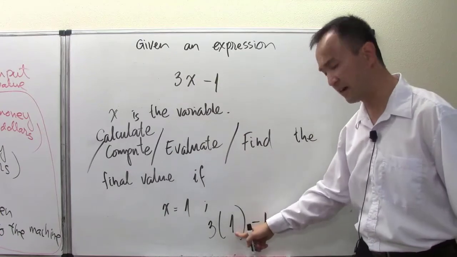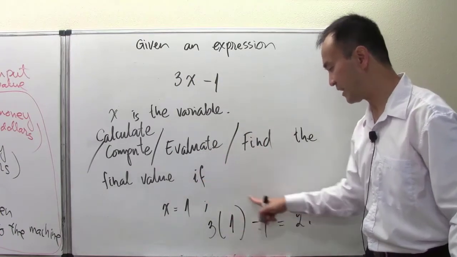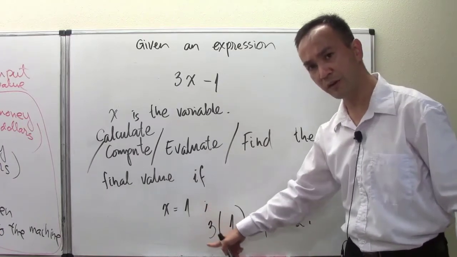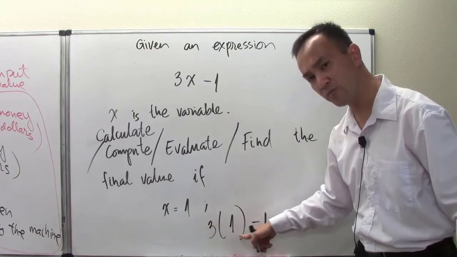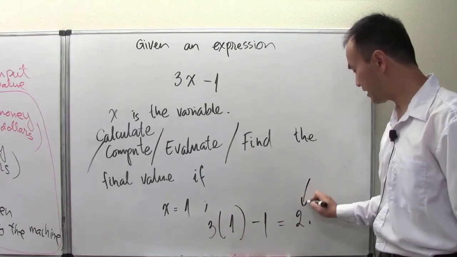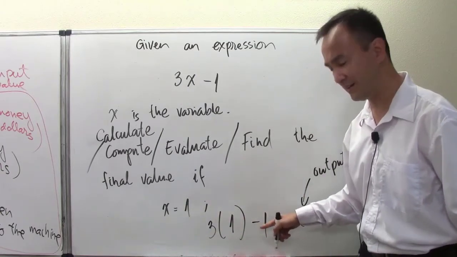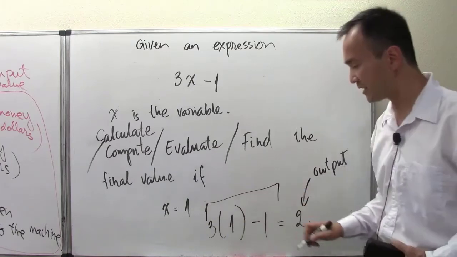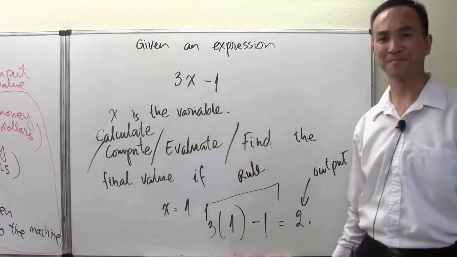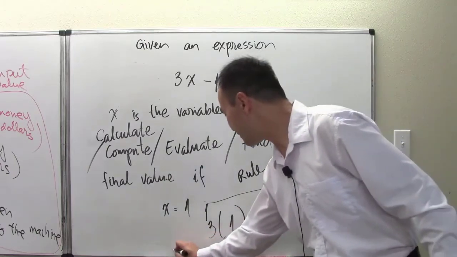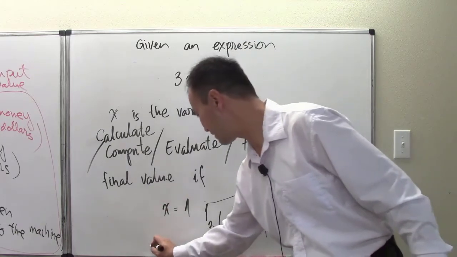We give our variable a value, and then we realize that 3 times 1 minus 1, the 3 times the value minus 1, gives us an output. In the end, this 3 times 1 minus 1 is a rule. We recognize that we can treat it just as a rule. So to clarify, the x equals 1 that we're providing is an input.